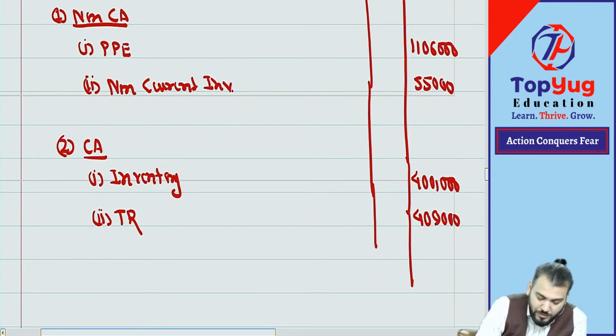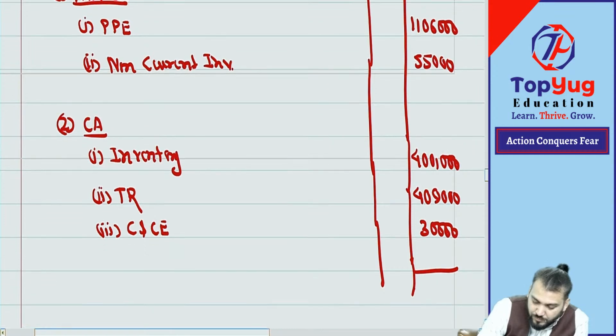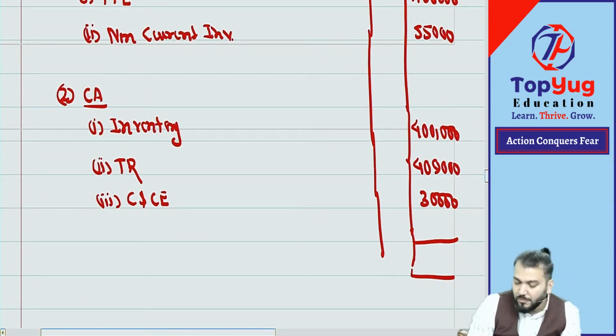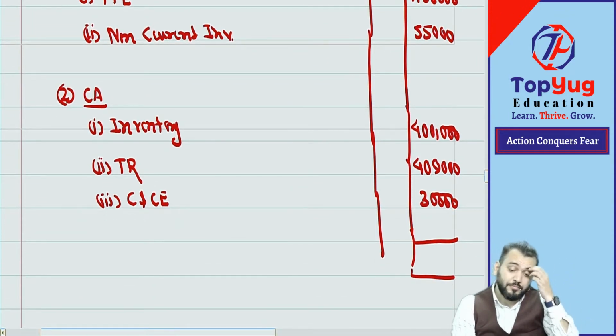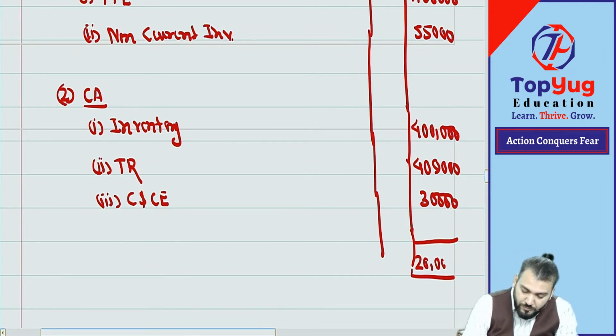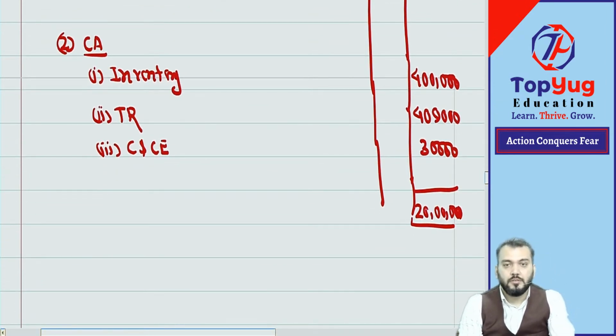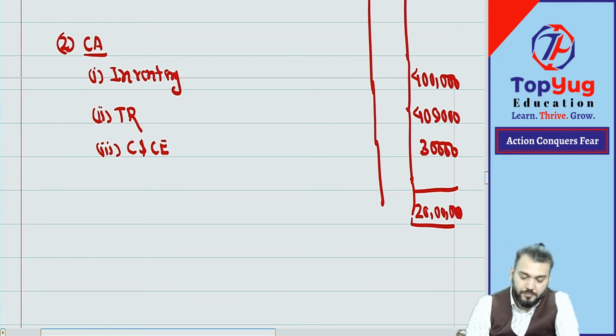Okay, sir. Then last is what? Cash equivalent. That balance is already given, 30,000. I think the balances should tally. How much? 20 lakh. Correct?